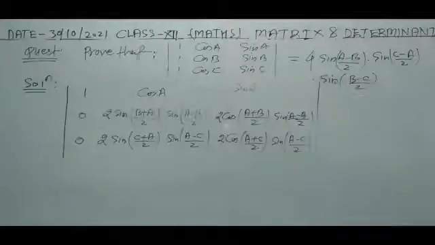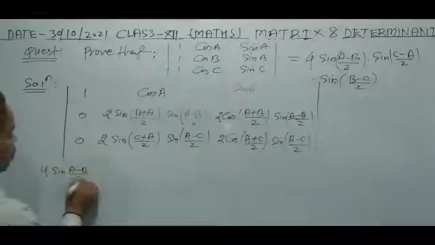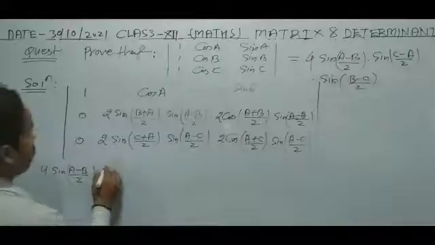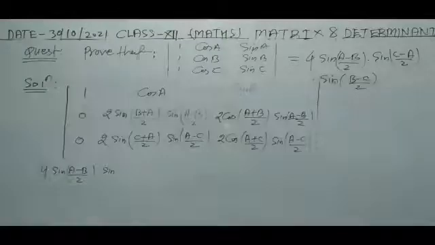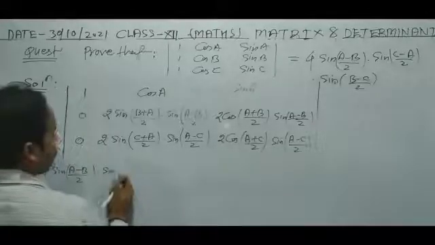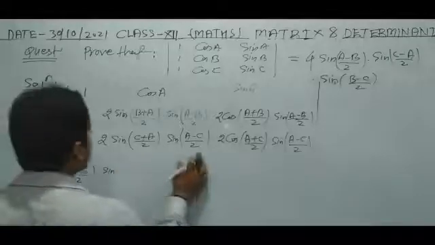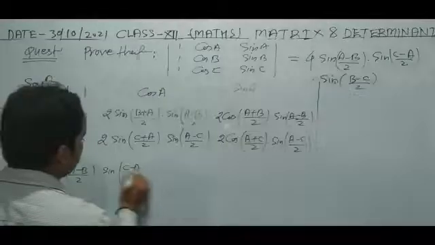So what will we get as the result? 2 twos are 4. So the result will be 4 times sin of (A minus B) by 2 into sin of (C minus A) by 2.